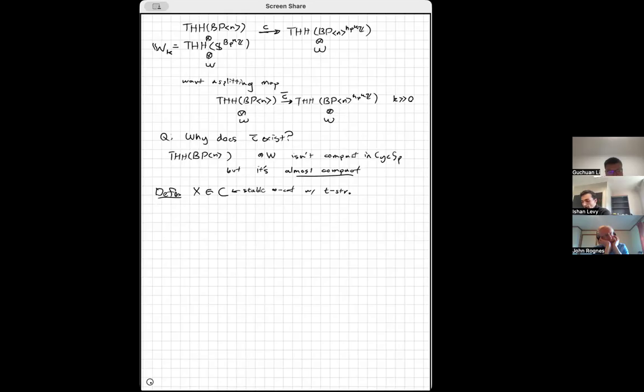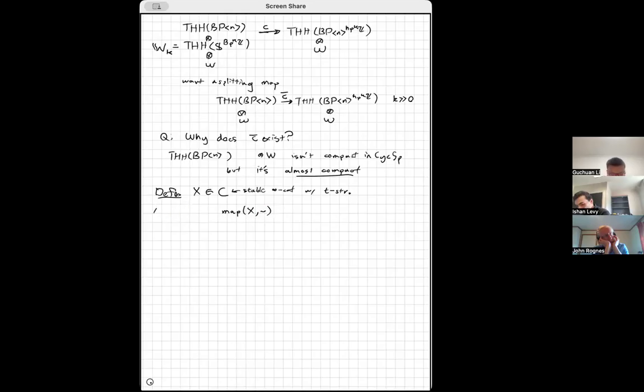And so what does compactness mean? Compactness means that if you take the mapping spectrum out of X, then this should commute with filtered colimits. That's what compactness means.